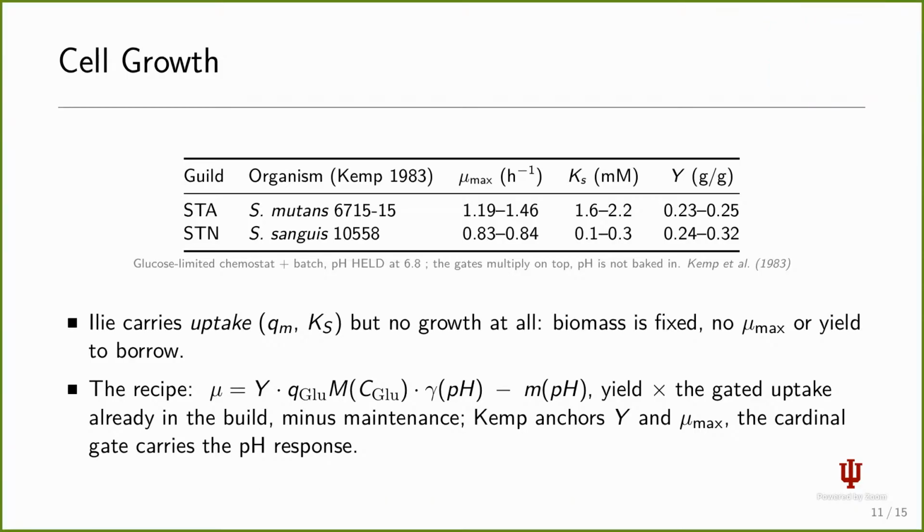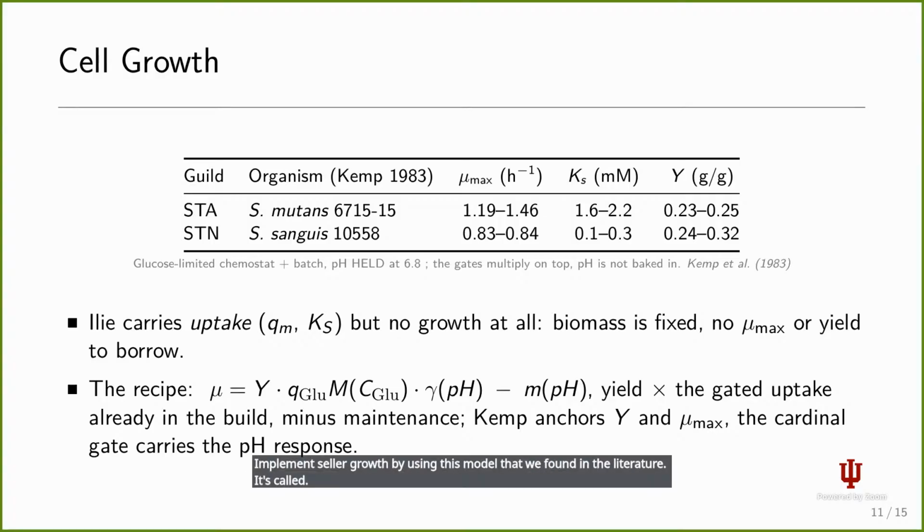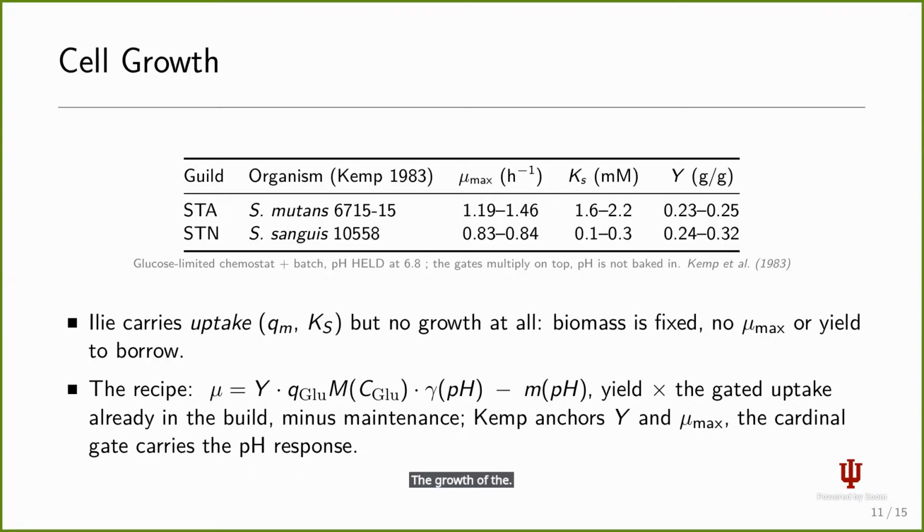Yeah, so I wanted to implement cell growth by using this model that we found in the literature. It's called Michaelis-Menten kinetics, and I saw this in several papers where they were using this to model the growth of bacteria.